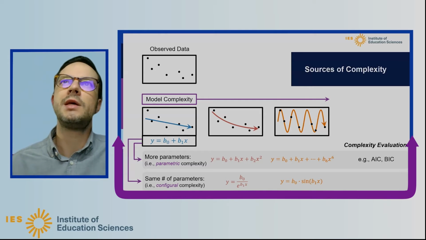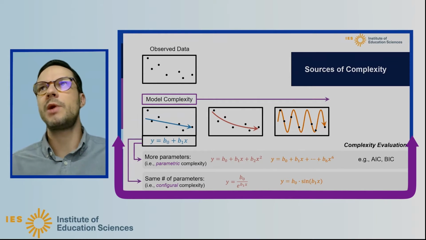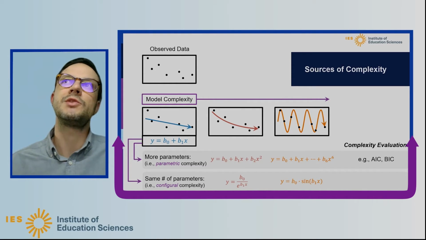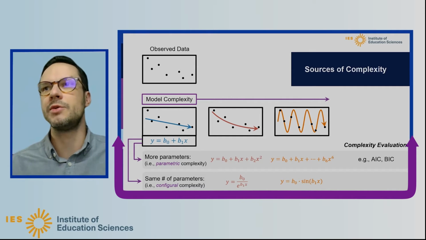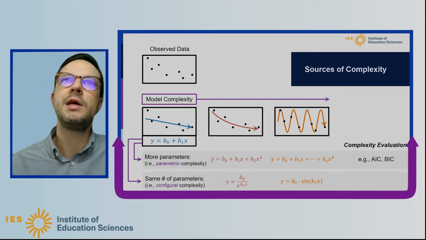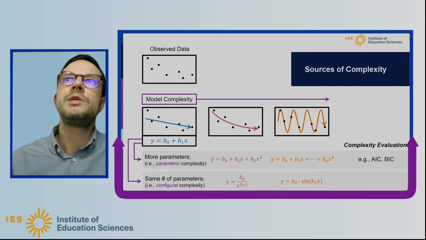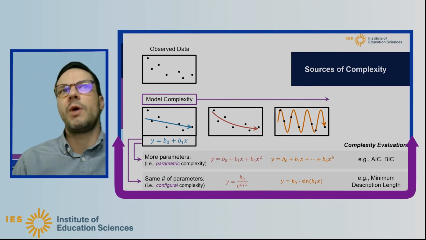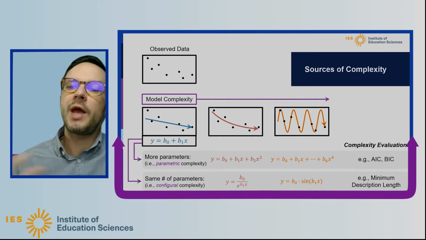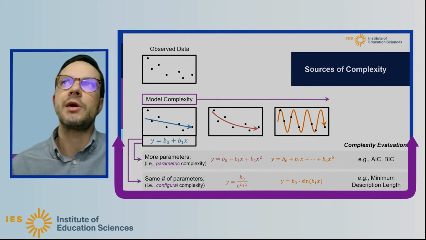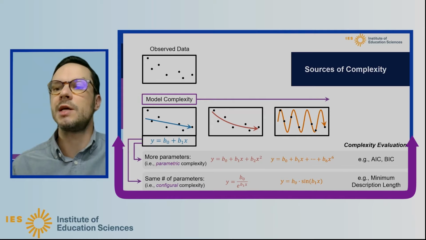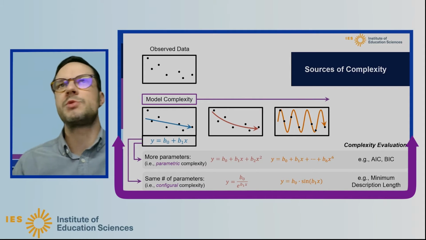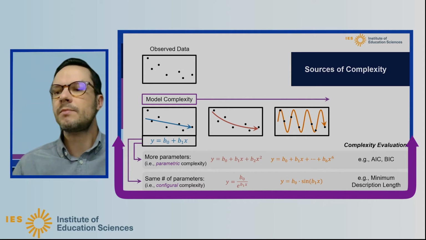It's not as obvious that a model with the same number of parameters might be more complex than an alternative model that just configures those parameters in a different way. To evaluate this sort of hidden complexity, where we have the same number of parameters, we have to use tools that are less familiar to the education sciences, such as the principle of minimum description length. And I'll talk more about that shortly.